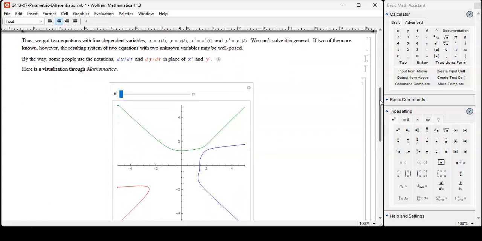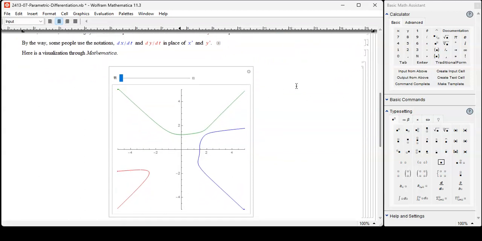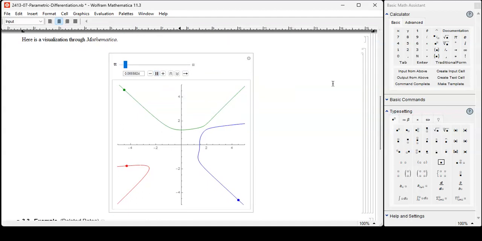Now, if you use vector functions and solutions based upon the time variable t, then we can get a dynamic solution like this. You see, you get a moving dot model. 3 dots, because there are 3 solutions.